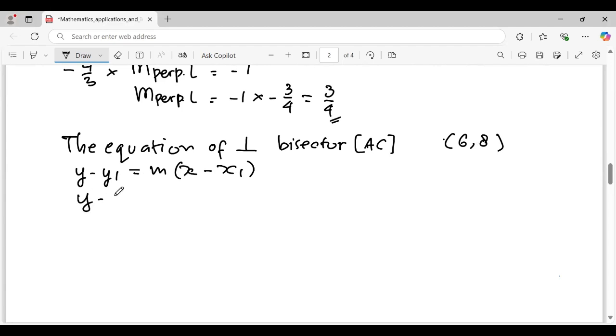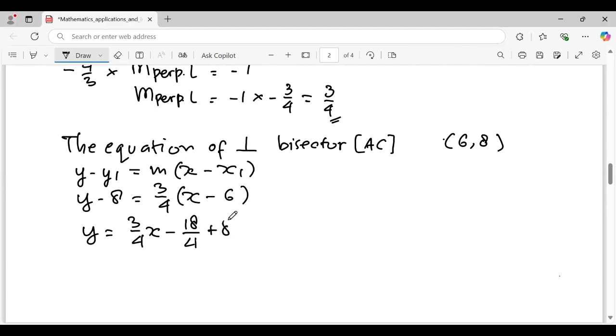So y minus 8 equals 3 quarters times x minus 6. Y equals 3 quarters x minus 18 quarters plus 8.